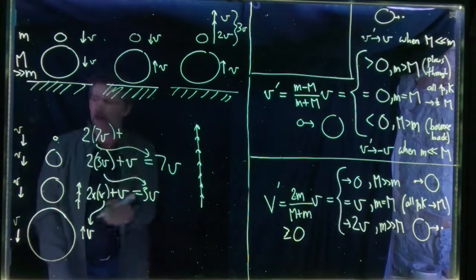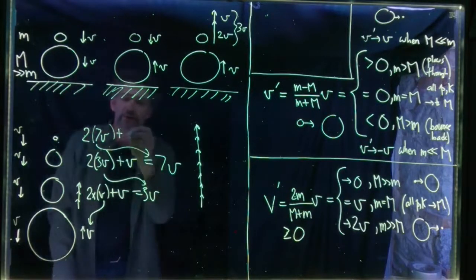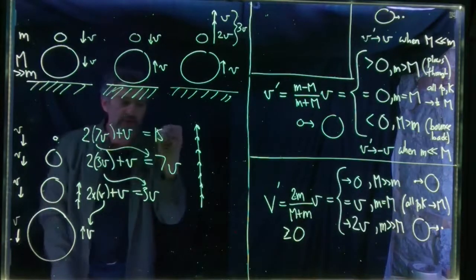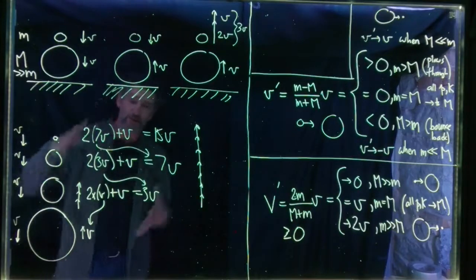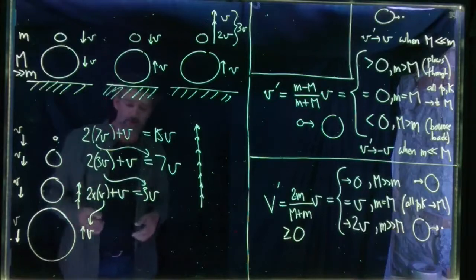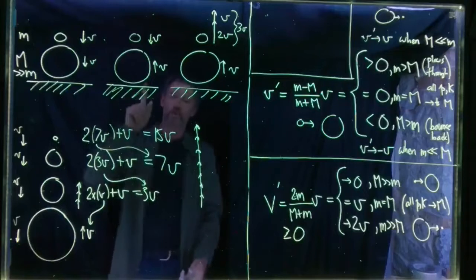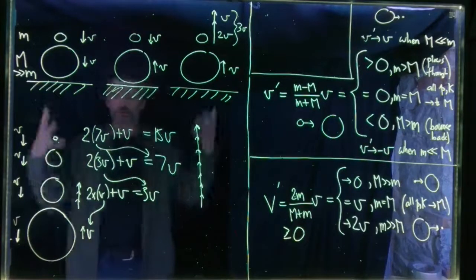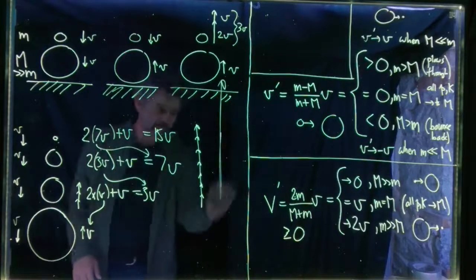And then we add the velocity that the top ball had in the downwards direction. So plus v. So now we have 2 times 7 is 14, plus 1 is 15v. Okay, so if you have a stack of 4 balls like this, of descending masses, and it's a pretty elastic situation, then when you drop them, that top ball will take off with enormous velocity. It's much larger than you would expect. 15v is like this, compared to the original.